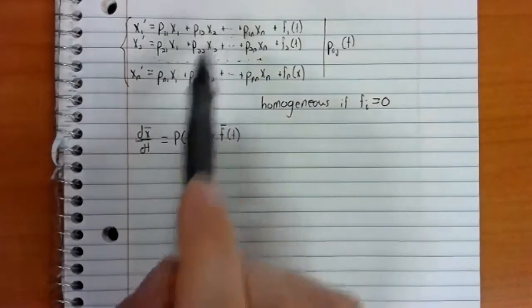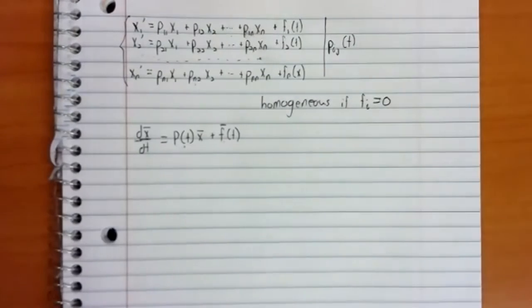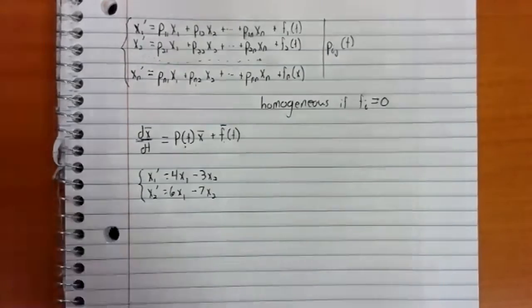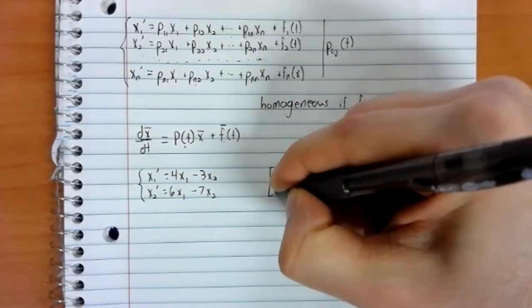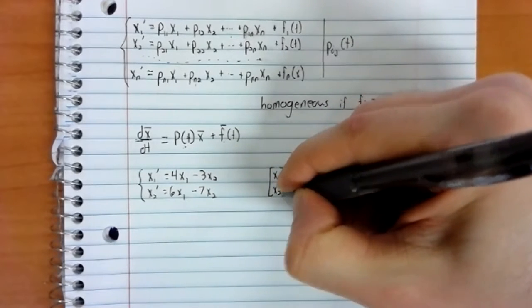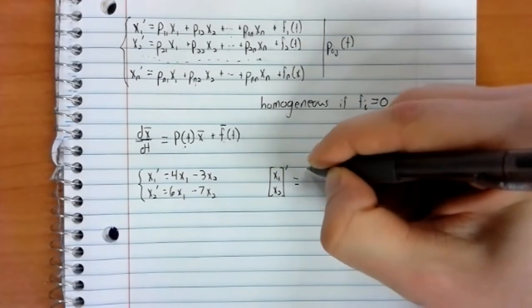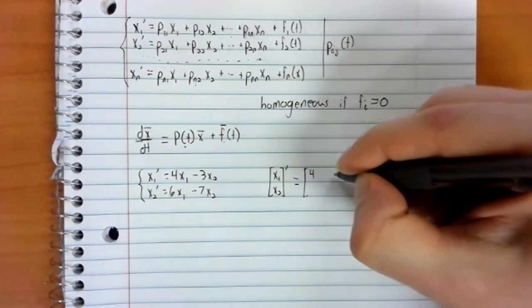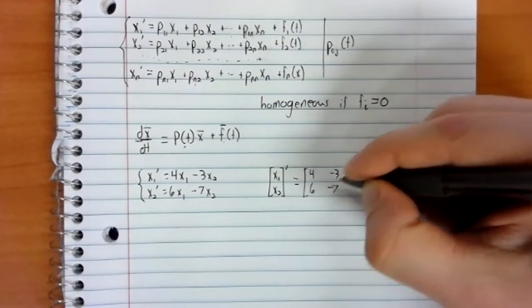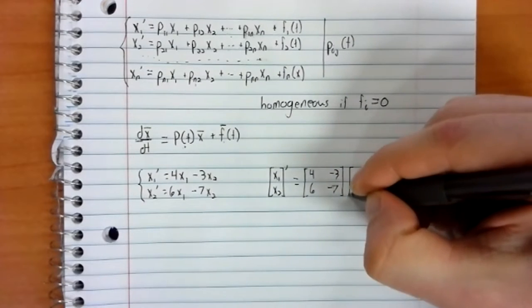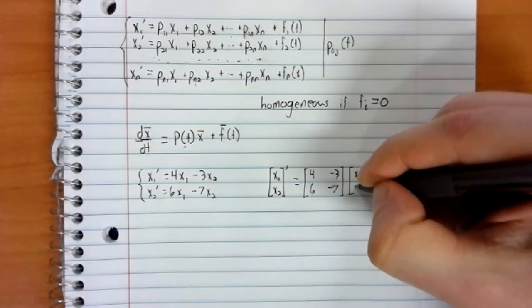So just as an example of this, suppose we have the following system of linear equations. We can rewrite this as a matrix differential equation.